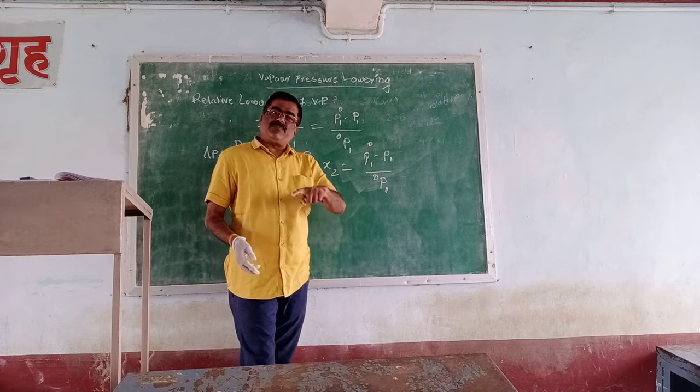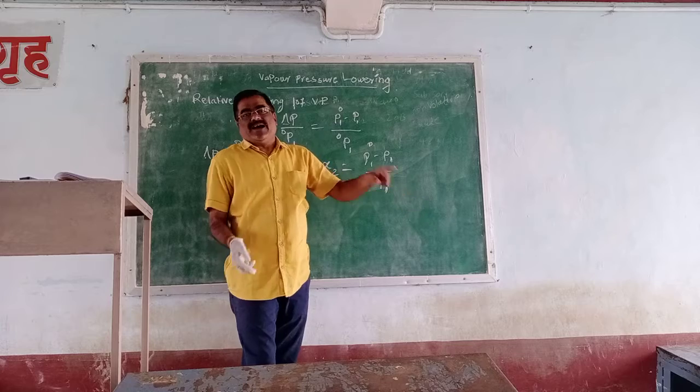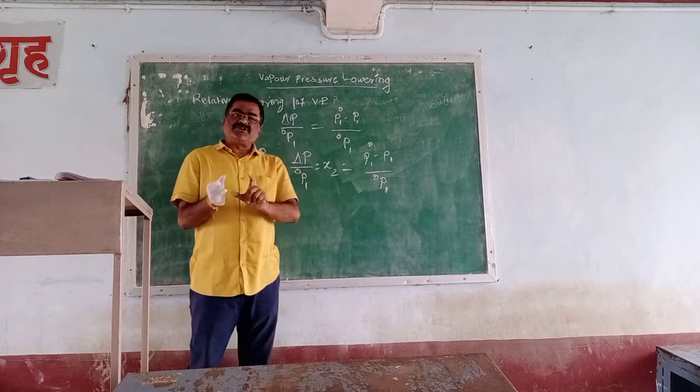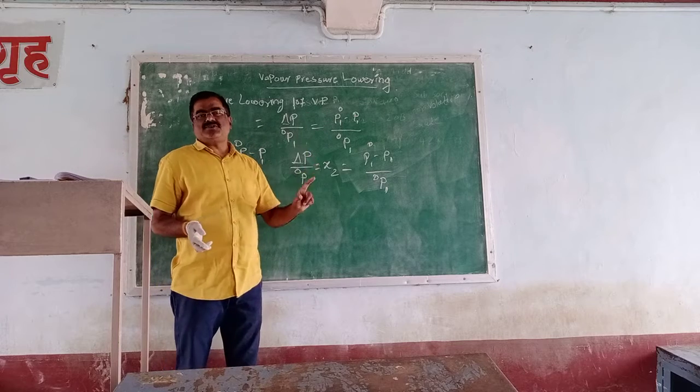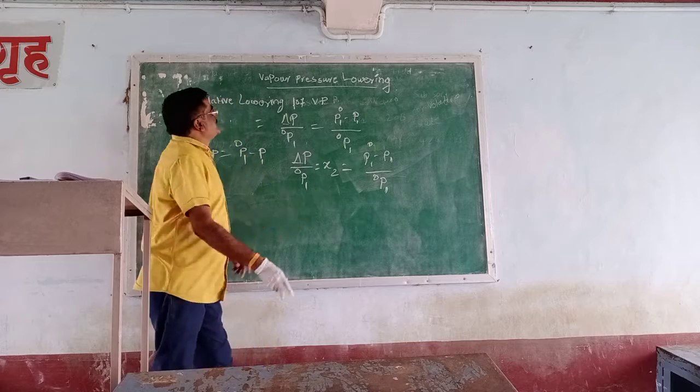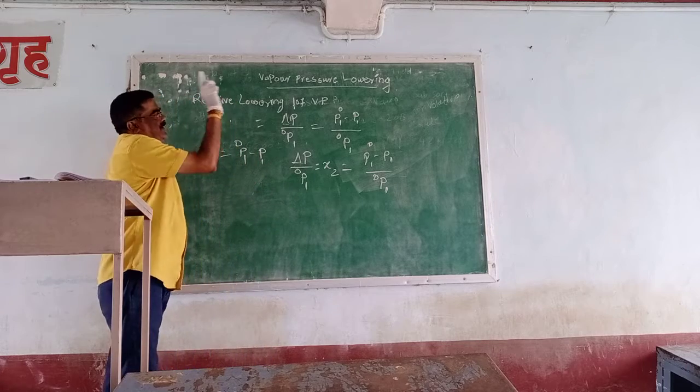The vapor pressure of the solution decreases, and the difference between the vapor pressure of the pure solvent and the vapor pressure of the solution in which the non-volatile solute is added is the lowering of vapor pressure.